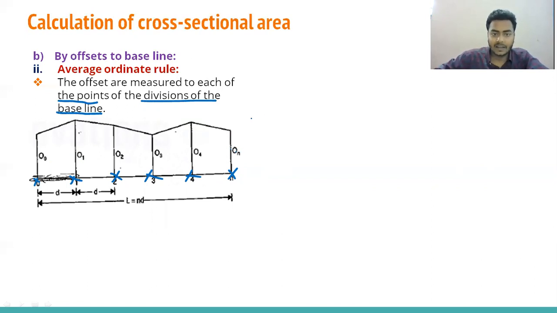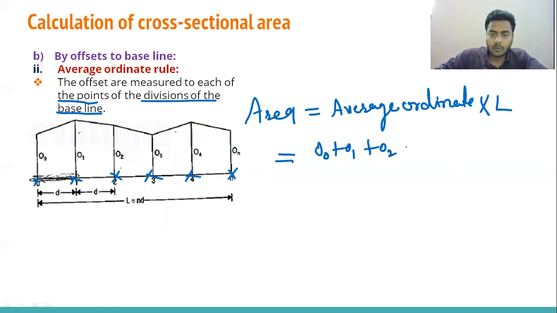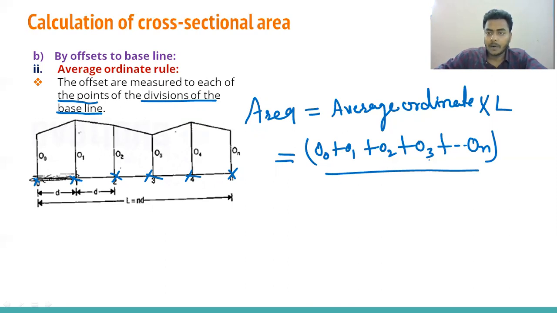So we can calculate the area as the average ordinate into the same length of baseline. The length of baseline is given as L. We write O0, O1, O2, O3, On, divided by how many ordinates? n plus 1, since 1 to n, then 0 also.